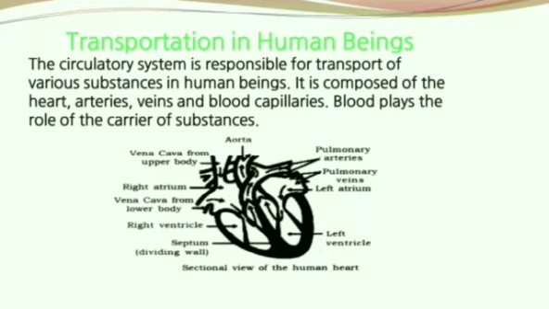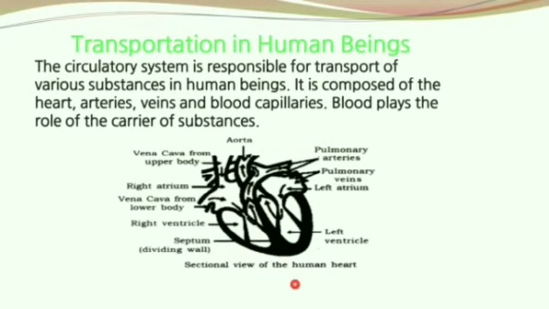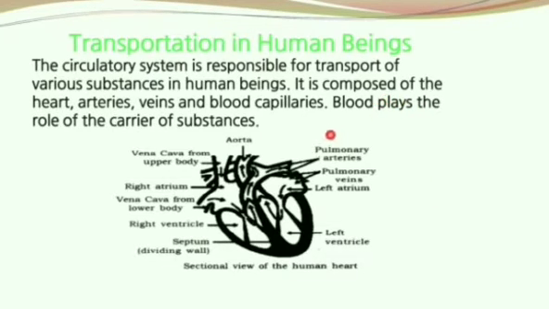So, for a pictorial representation, the deoxygenated blood from all parts of the body enters through the vena cava to the right atrium. First, it gets relaxed and then the cardiac muscle contracts and then it enters the right ventricle. Again, the cardiac muscle relaxes and then contracts and then it enters the lungs, and over here the blood gets purified with oxygen and the oxygenated blood now enters the left atrium.